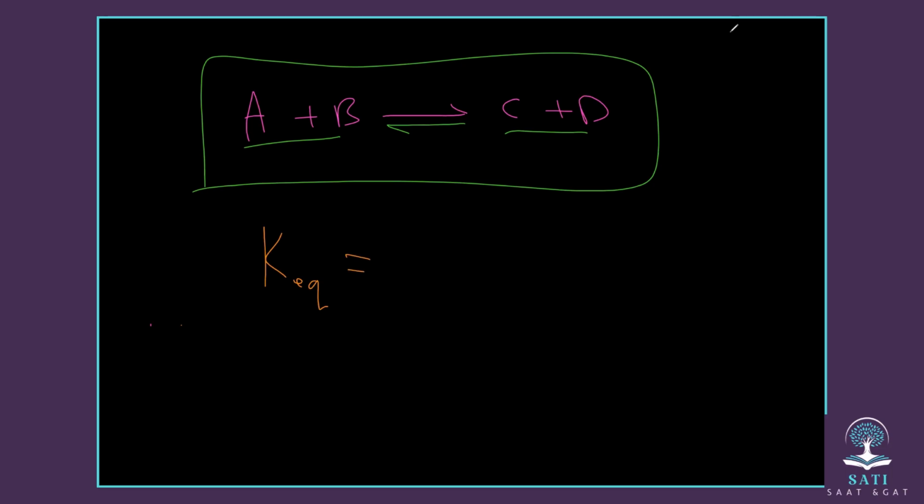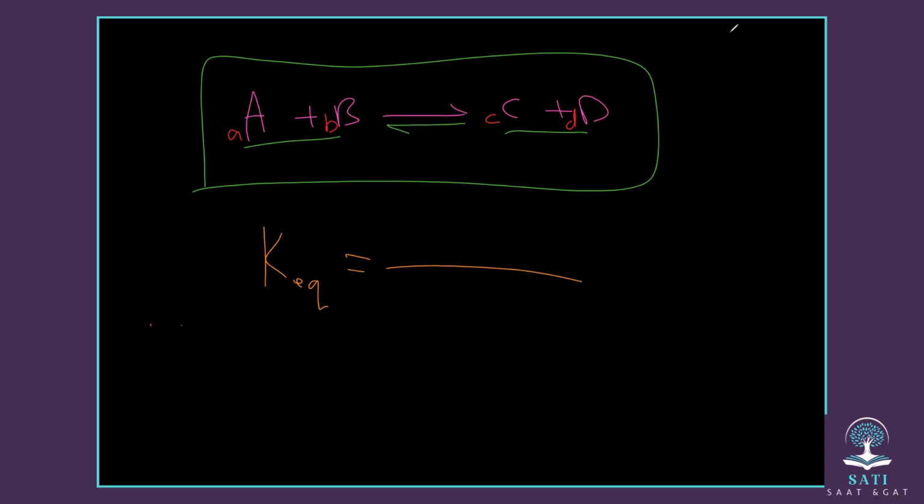What is the ratio here? For example, in this reaction, if we have a factor here that is A, which is the number of moles, and here the number of moles of B, and here the number of moles of C, and here the number of moles of what?